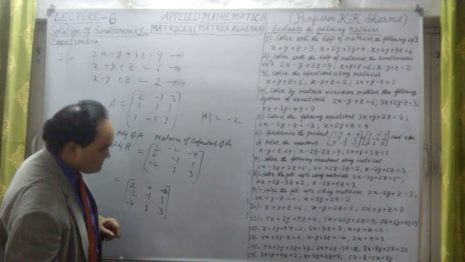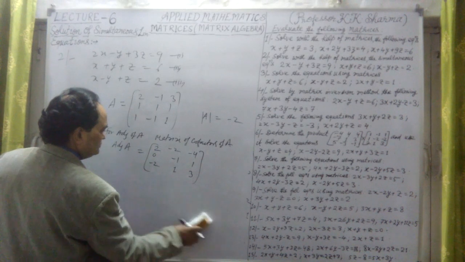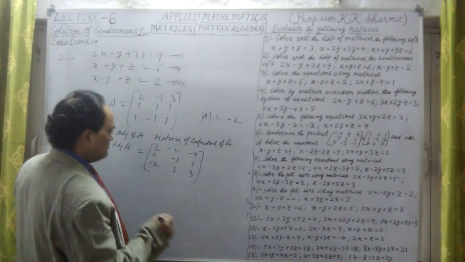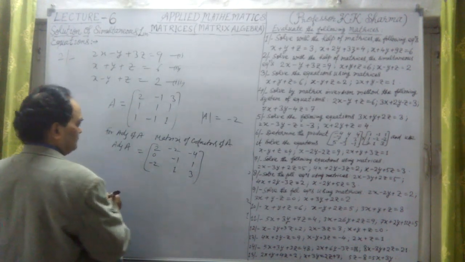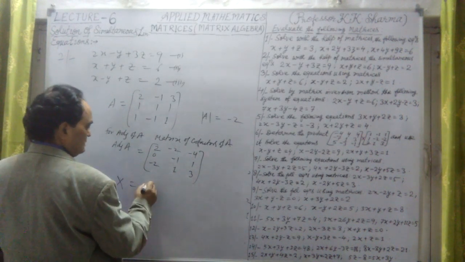Okay, this is the adjoint, and divide by minus 2 to each term. But let me first find out. Therefore x equal to, this is minus 1.5.